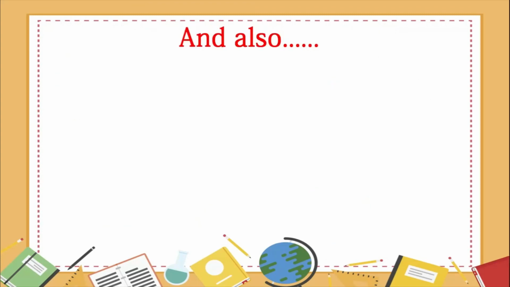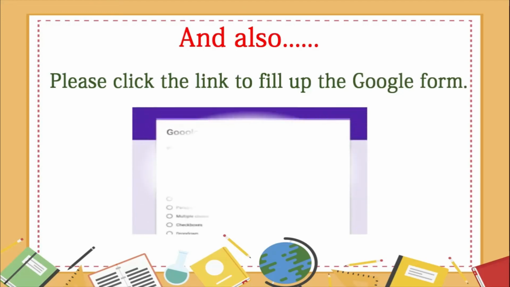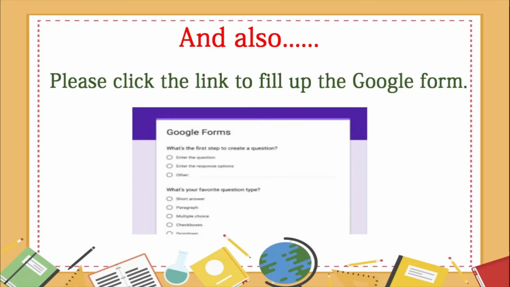You will also click on the link which you will find in the description box to fill up the Google form. So what is the Google form, children? It is nothing but a simple form. There are a few simple questions there about the video which you just saw and also about yourself. So these are the tasks that you will have to complete after you watch each video.